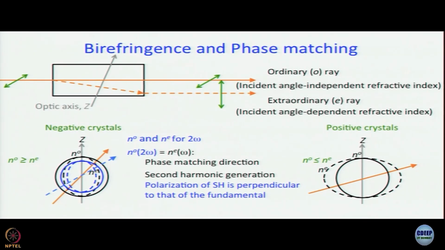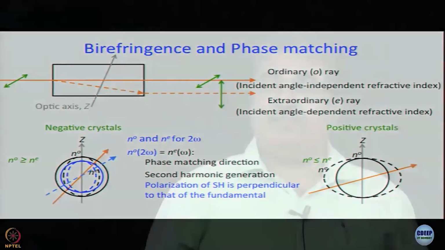Concluding comment for today is this: nowadays, at least for commercial setups, everybody uses crystals with a single optic axis, uniaxial crystals. There are crystals which are multi-axial. Fortunately, people do not want to use them anymore.